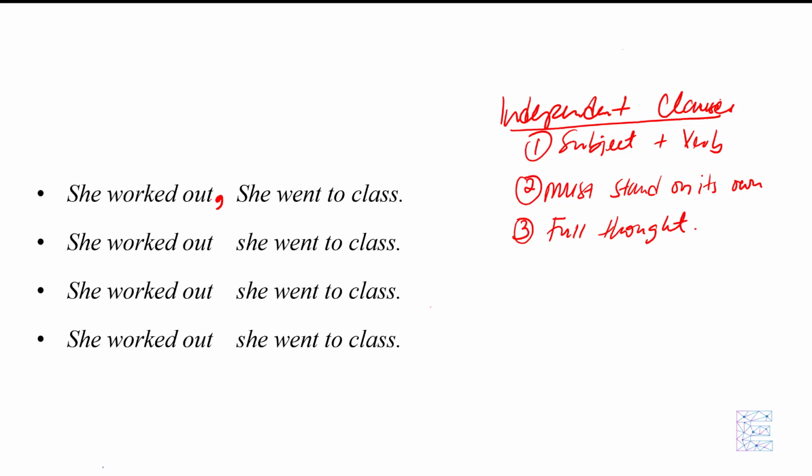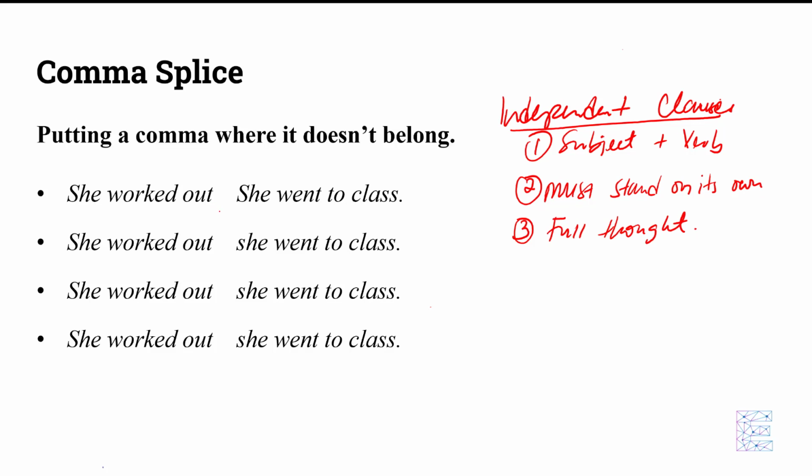But I want us to settle this once and for all and agree that we never will ever again separate 2 independent clauses using a comma. That is a big error that actually has a name in English. That is an error known as a comma splice, when you put a comma where it does not belong, and that's something that we will never ever do now that we know we shouldn't do that ever again.